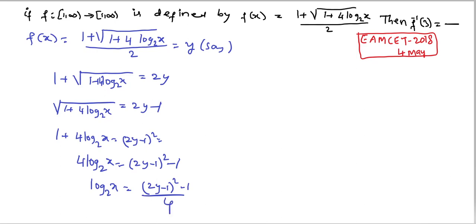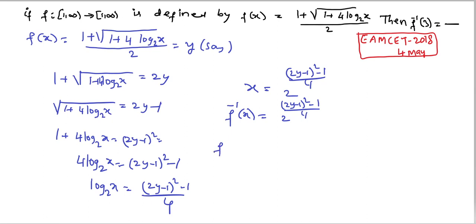4 log x base 2 is equal to (2y minus 1) whole square minus 1, and log x base 2 is equal to that divided by 4. Now x is equal to 2 to the power of (2y minus 1) whole square minus 1 by 4. Therefore the inverse function is f inverse x. Now we find the value of f inverse 3.